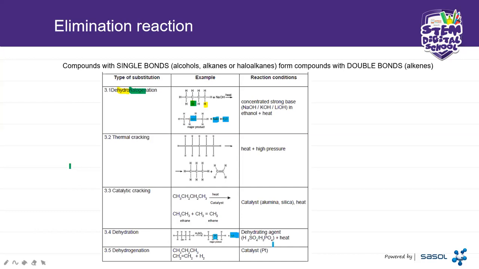Okay, so with the dehydration, we are removing water. Dehydrohalogenation, we are removing hydrogen and we are removing the halogens, right? So dehydration, we're only removing water. Okay, so make sure you get your understanding of the concepts. So there is dehydro.